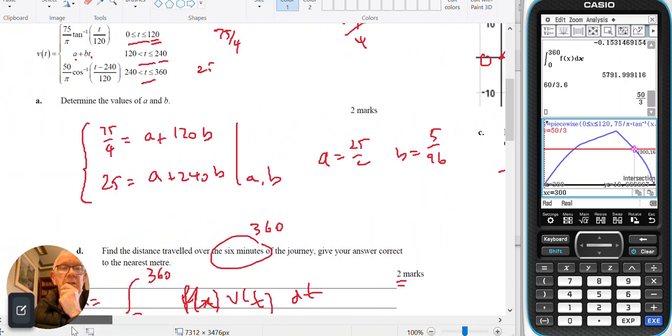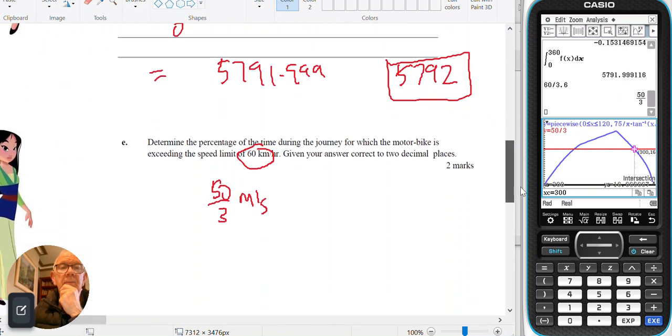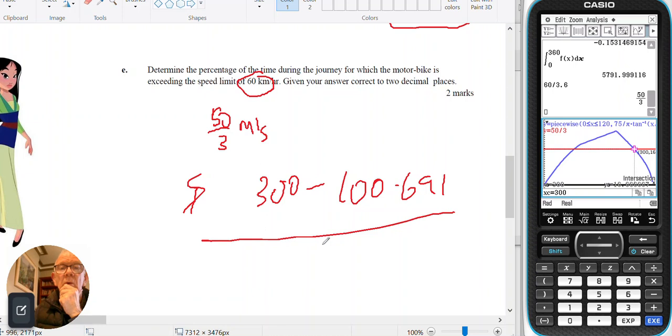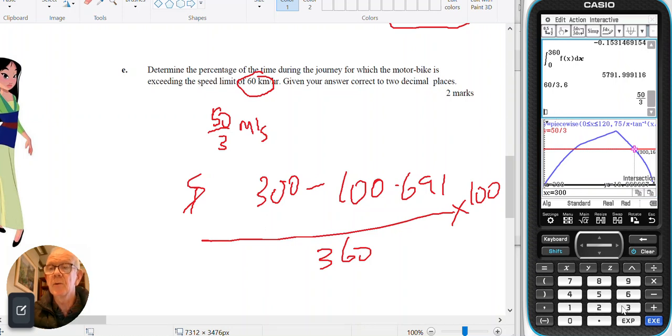So the percentage that it's above will be 300 minus 100.691 all over 360 times 100 to turn it into a percentage. So I'm going to have 300 minus, come back here, come back 1, touch that, pick that up, drag and drop.